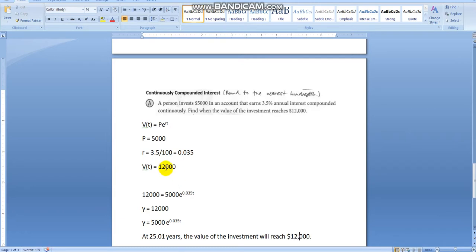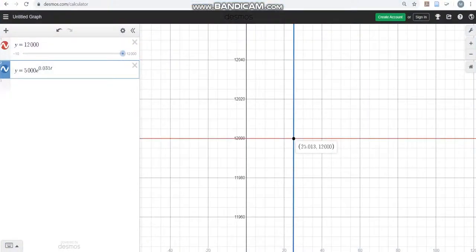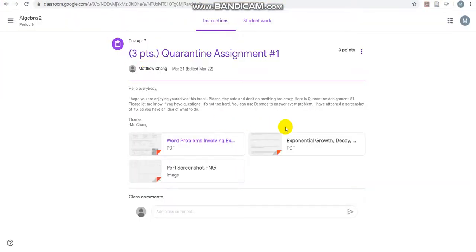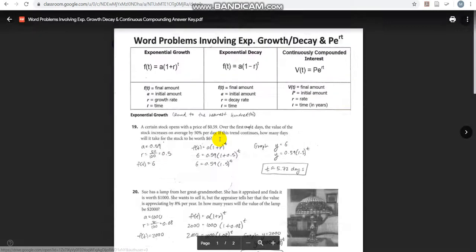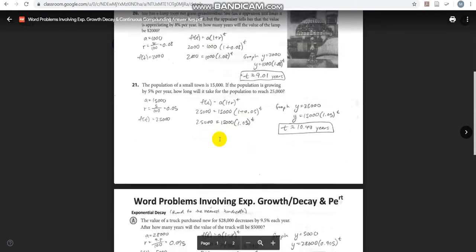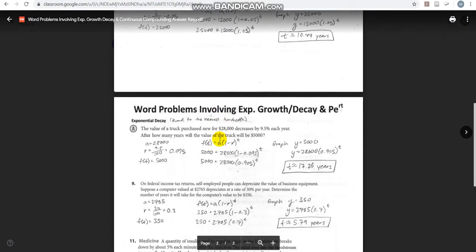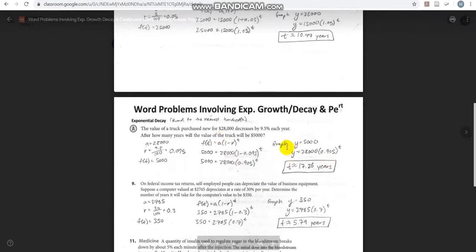And that's basically it. Oh yeah, there's another thing I wanted to mention in the other problem. I just realized it now. I think it was this one. The reason why this one is exponential decay: if you look at this part here, this 28,000 times 0.905 raised to the t, this number represents exponential decay because the number in parentheses is less than 1.